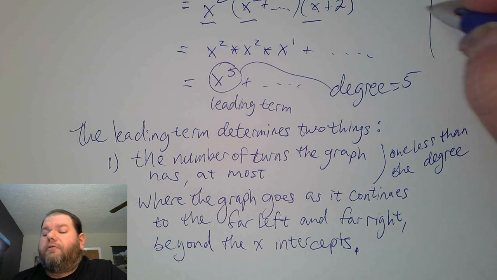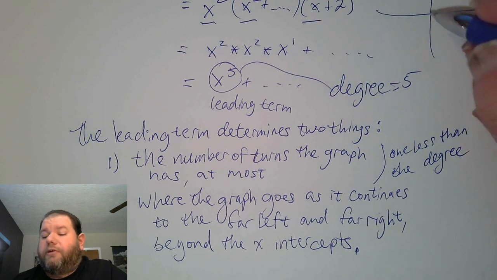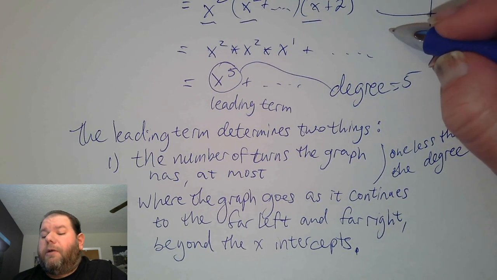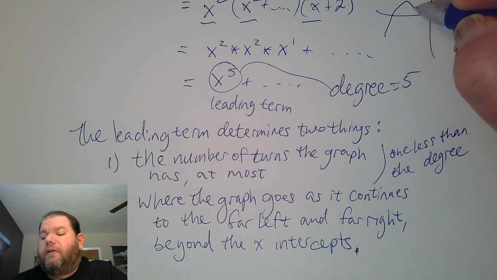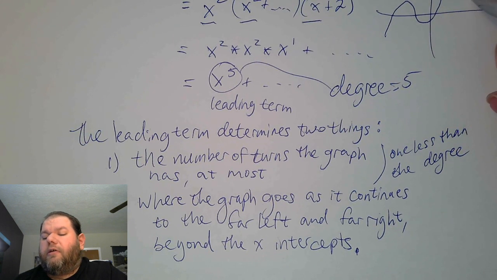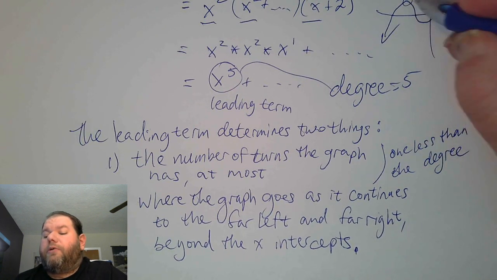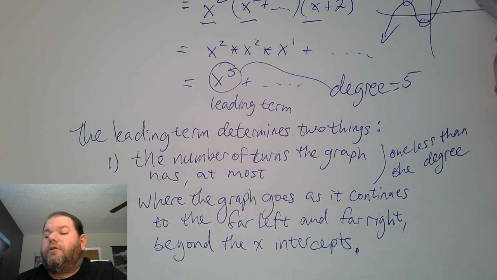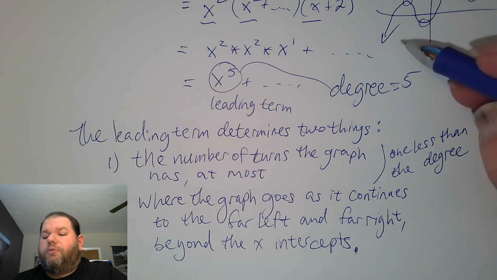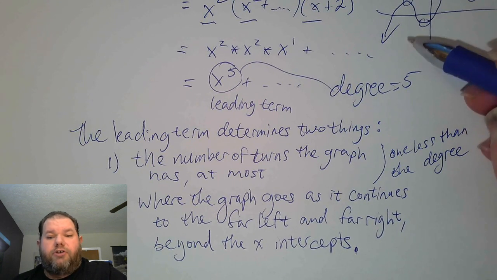It means the graph, and again, we don't know what it looks like. It may do something like this, where it has 1, 2, 3, 4 turning points, where essentially the graph changes directions.